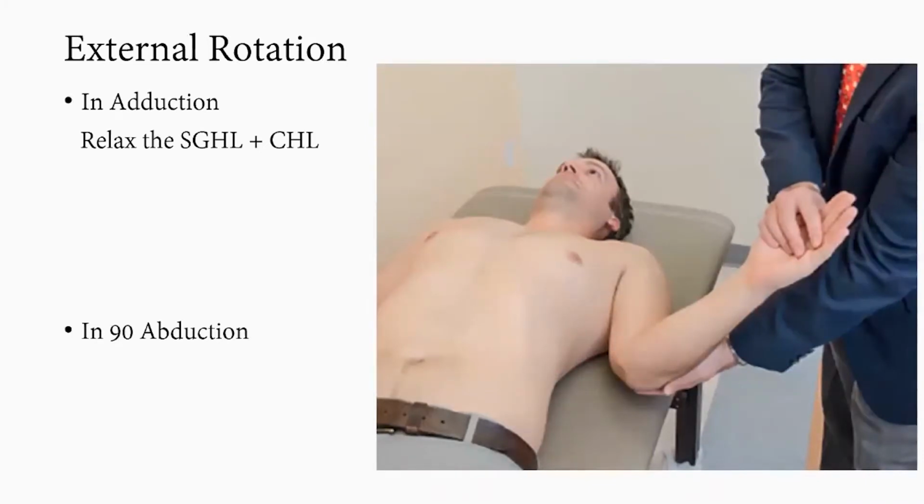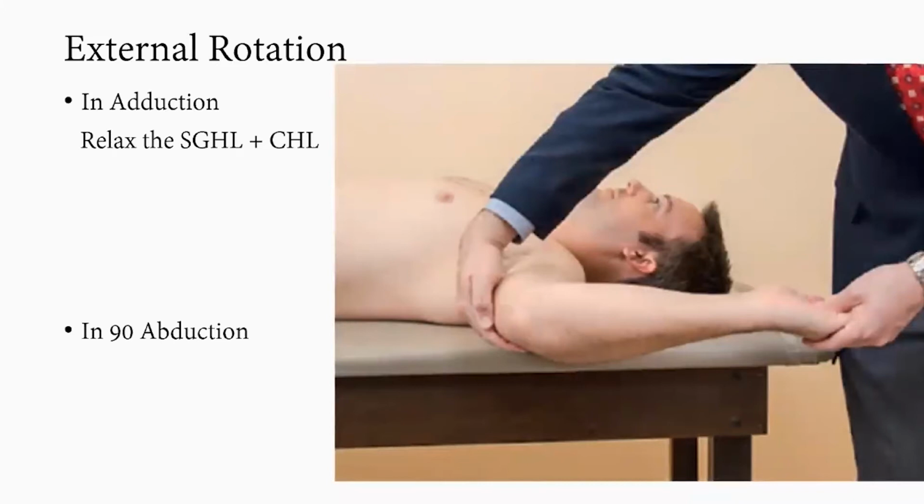As you see in the picture here, the examiner cradles the elbow with slight abduction away from the torso so as to relax the superior glenohumeral ligament and the coracohumeral ligament, and slightly above the bed, to eliminate any shoulder extension, and then the external rotation degree can be measured. It can also be measured in degrees at 90 degrees of abduction, as shown here.